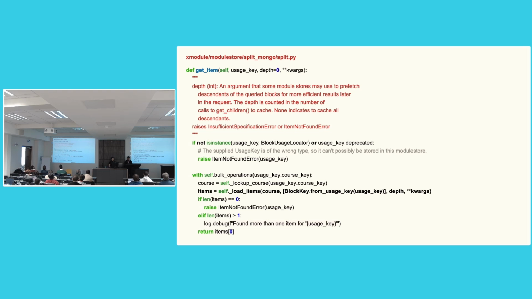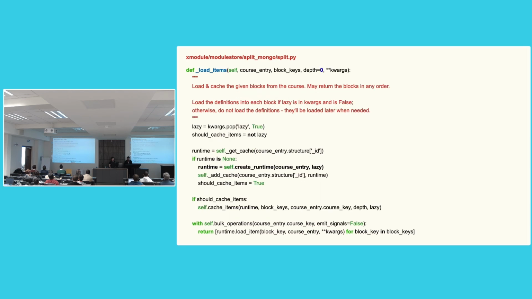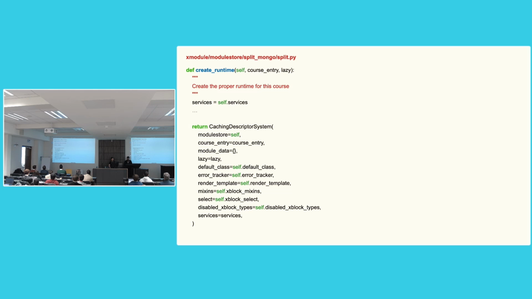Let's take a look at how it loads the items. Alright, so here is the function that loads the items. We're getting there. One more stack frame. And here is what we're interested in: the function that creates the runtime.